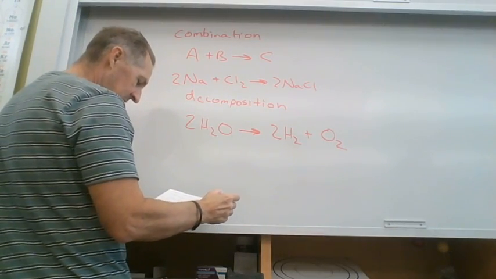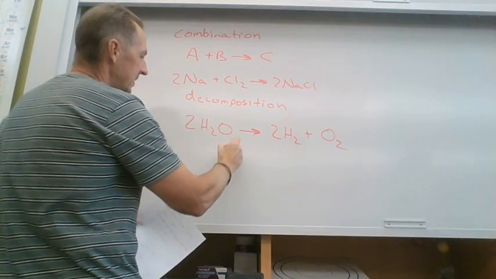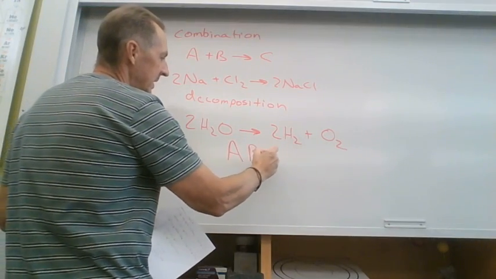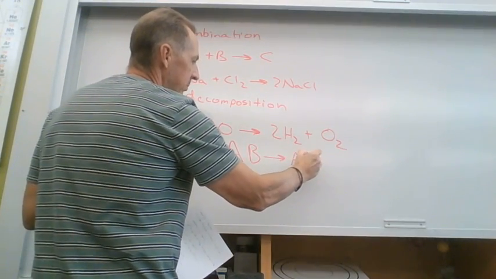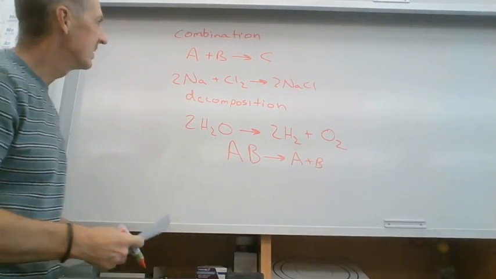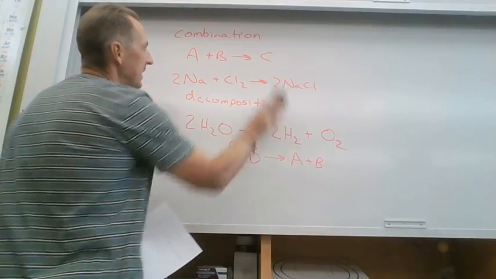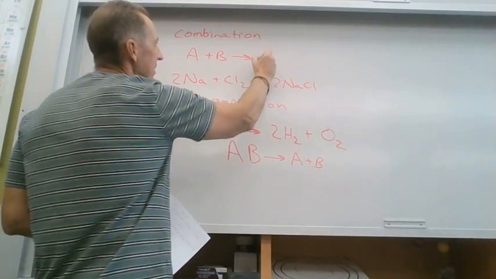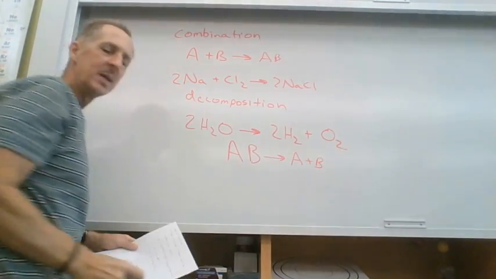So in general, this would be looked at as saying we have AB and it's going to A plus B. So that's what you're looking for, something larger breaking into something smaller. And so instead of C there, we could have put AB there, I guess, and that probably would have made more sense.